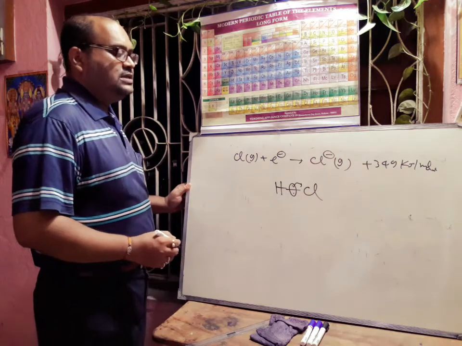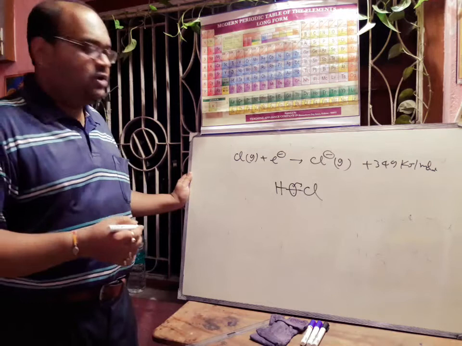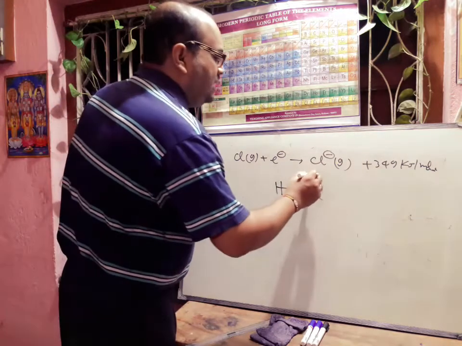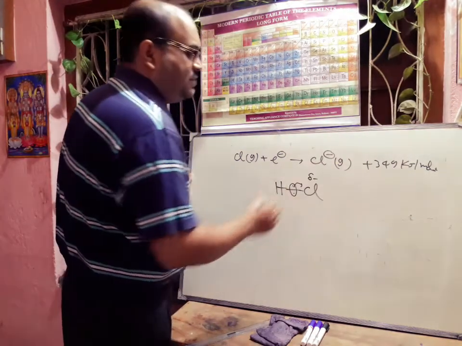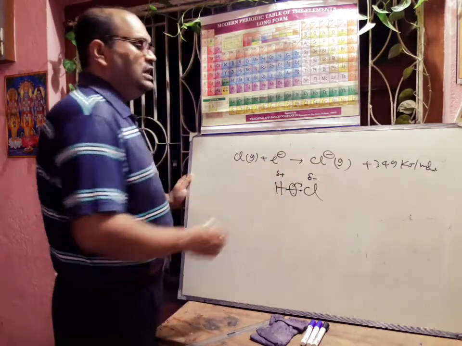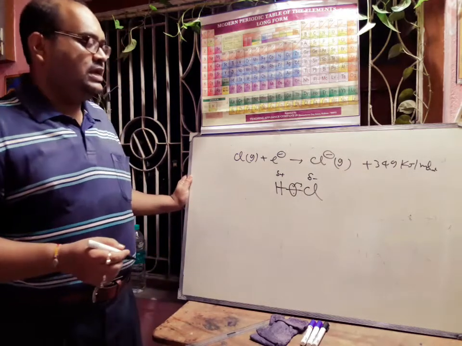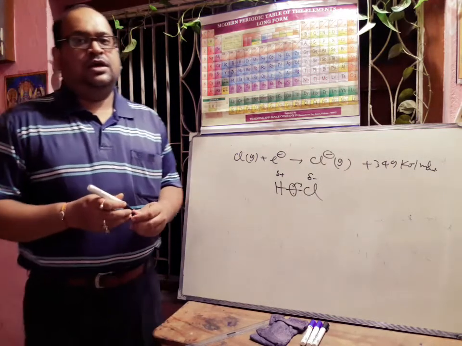So electronegativity is not an inherent property of an atom, it is the property of an atom in bonded condition. So definitely there will be a gathering of partial negative charge in the case of chlorine, and hydrogen will be delta positive and chlorine will be delta negative. In this way this covalent compound HCl becomes polar.